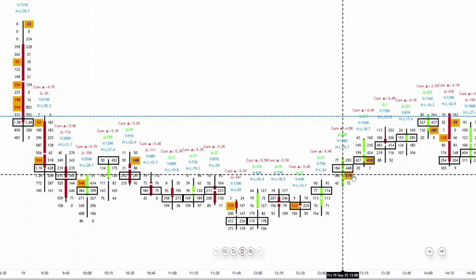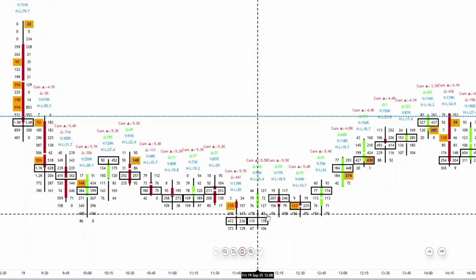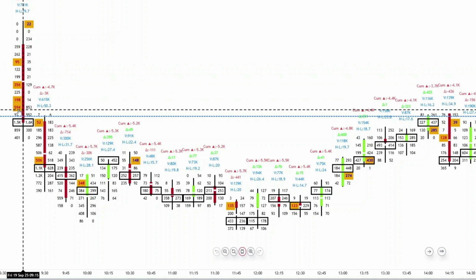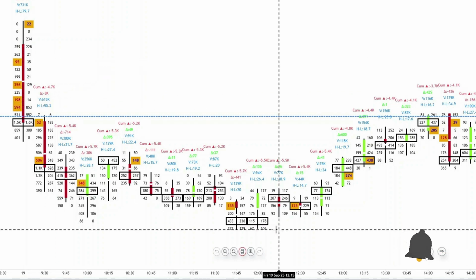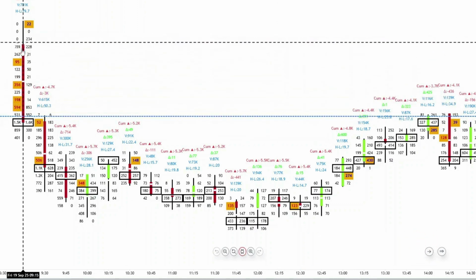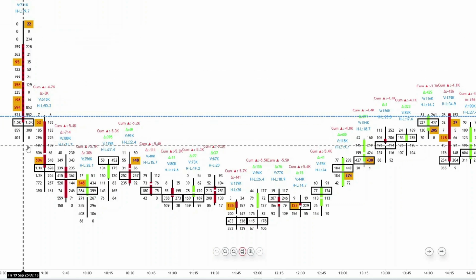One more point to remember with imbalance is that the higher the imbalance, the more reliable it becomes. At the same time, the more imbalances are stacked against each other, the stronger the dumping of orders at that point. In those scenarios, you need to watch the range of the candle, as that plays an important role.